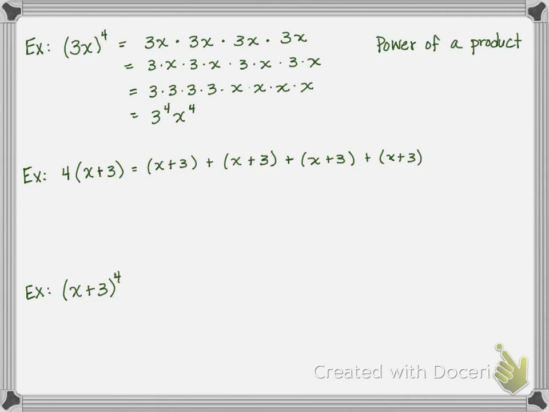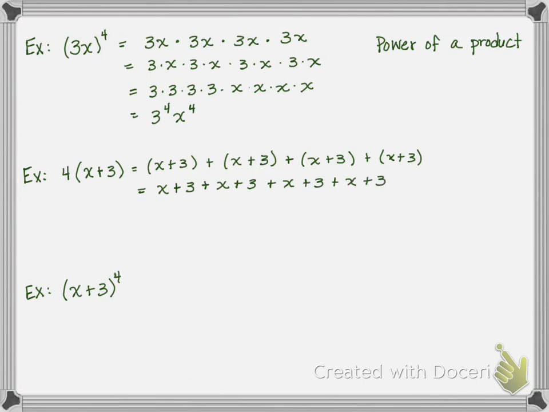No. Is there division? Is there subtraction? Is there addition? So there's only one operation again, right? It's all addition. I've grouped those x plus 3's with parentheses, but they're really unnecessary because if we look to the left of each set of parentheses, there's nothing to distribute, right? So this is really the same as just x plus 3 plus x plus 3 plus x plus 3 plus x plus 3.